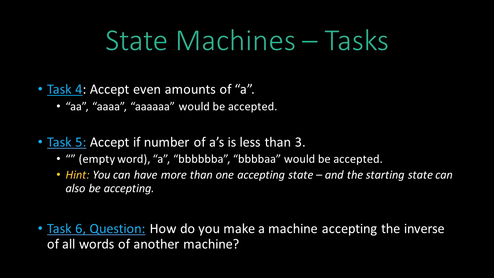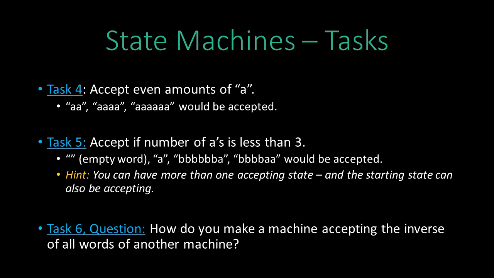Basically, this means you can accept the first state that we are in as well. However, the A will be the main letter which moves you from one state to another, and in task 5, we definitely want to have more than one accepting state, because we want to differentiate between having read 1 A or 2 A's and accept these states, but not accept anything after that. Okay, so these two should be a bit more fun.